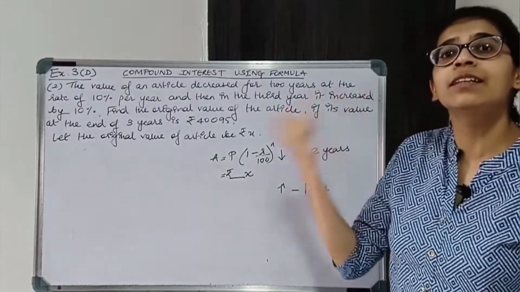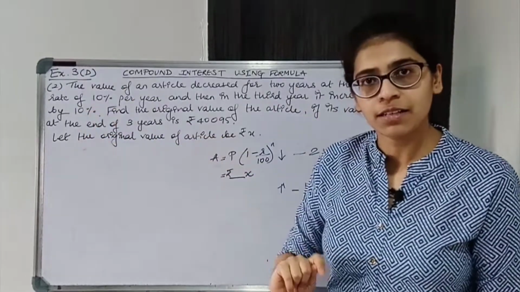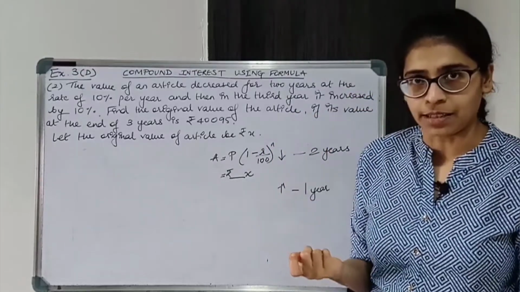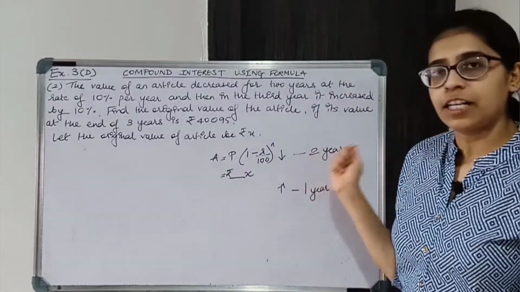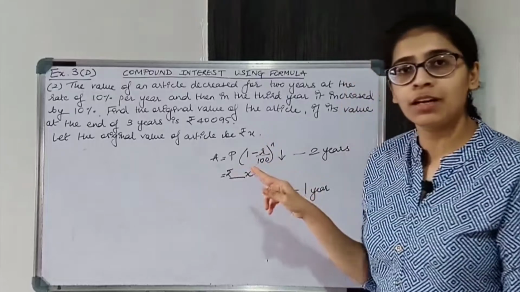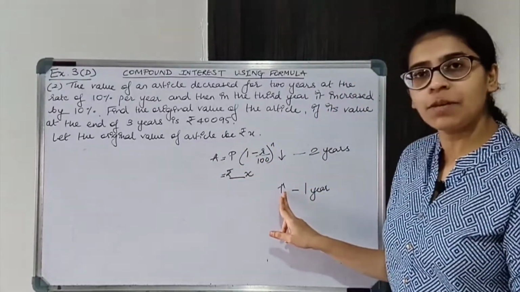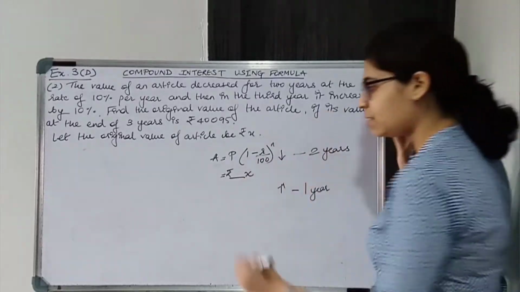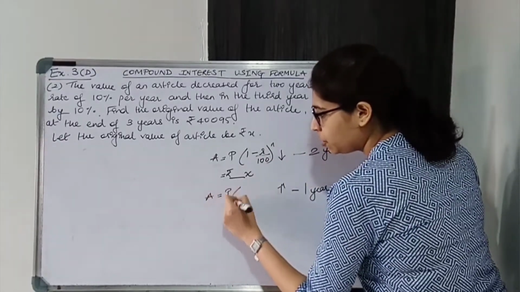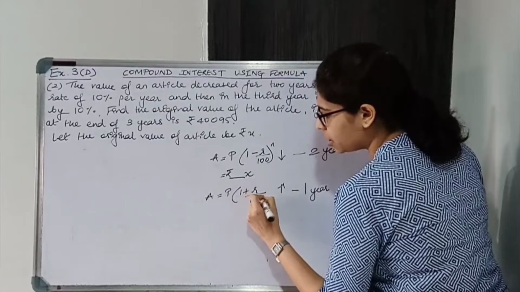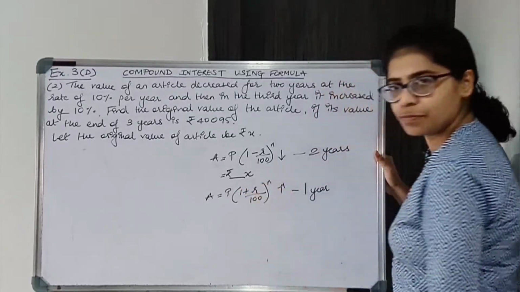In third year it is increasing by 10%. So R is 10% again. N will be 1 year, but will you use this formula again? No, it is increasing. So increasing, you always add the rate percent. So it will be P into 1 plus R upon 100 raised to N.